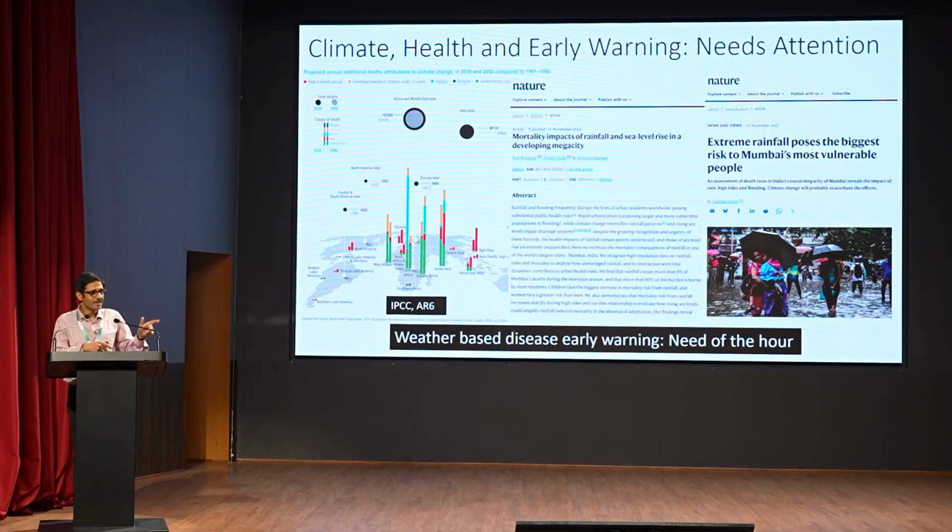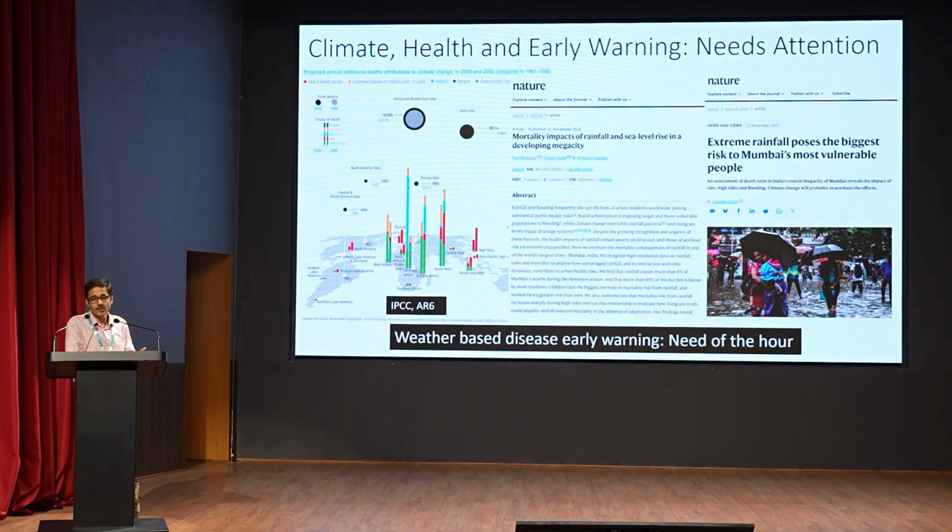So I'm just finishing. What I'd like to mention is that we know there are different sectors: health, infrastructure, energy, agriculture. Given the fact that climate change is affecting each and every sector because of an increased number of extremes and changing patterns, what we have to do is make every sector weather ready and climate smart.